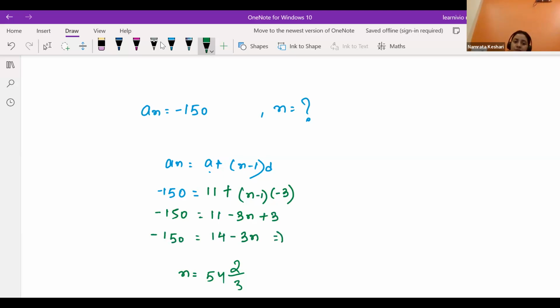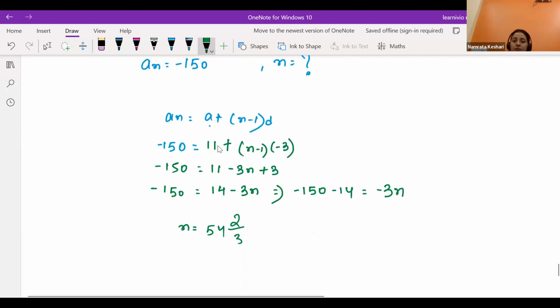So it becomes minus 164 equals minus 3n, and n is equal to minus 164 by minus 3, so we can cancel. 3 times 54.